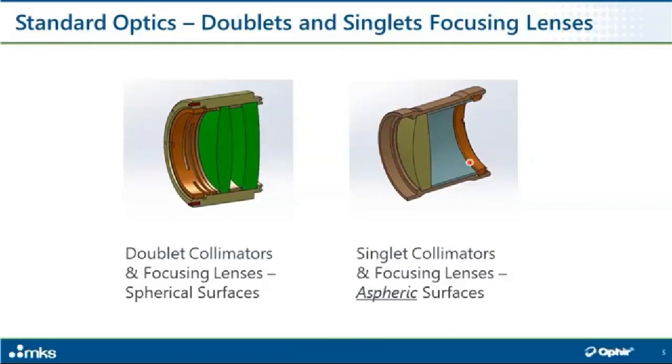Therefore, you want absorption as small as possible. Minimum absorption is required, and if you use an aspheric lens, the absorption is reduced by half. So this is a very important advantage of using aspheric lenses.